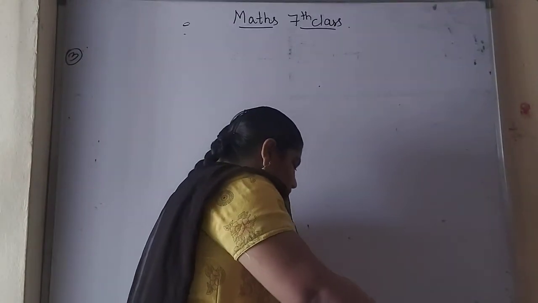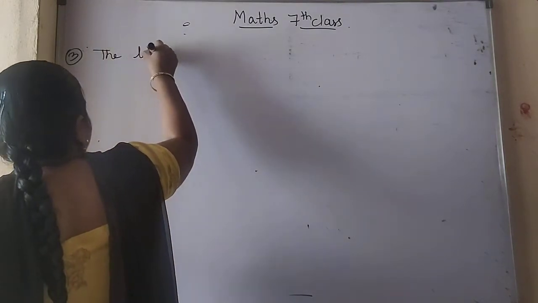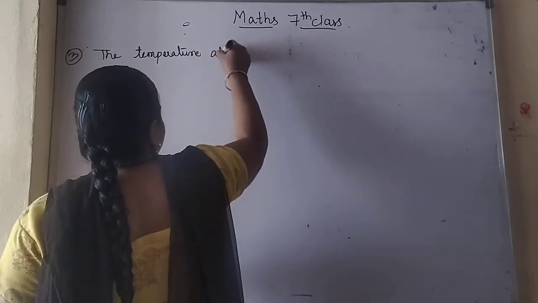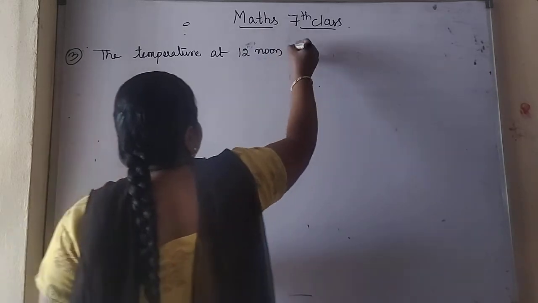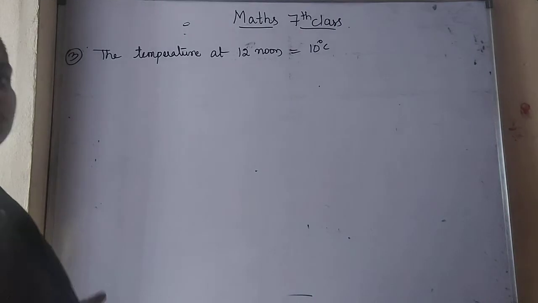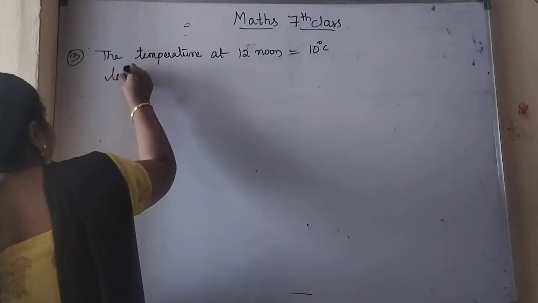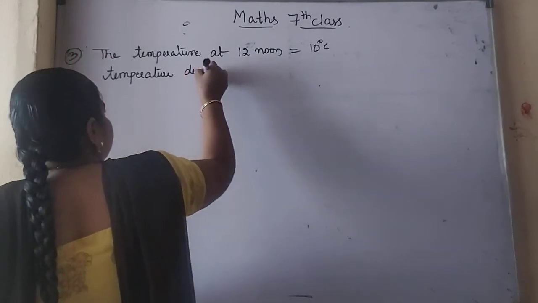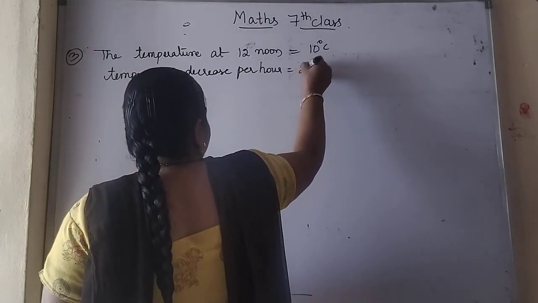So what they have given: the temperature at 12 noon is 10 degrees Celsius, and every hour it is decreased by 2 degrees Celsius.